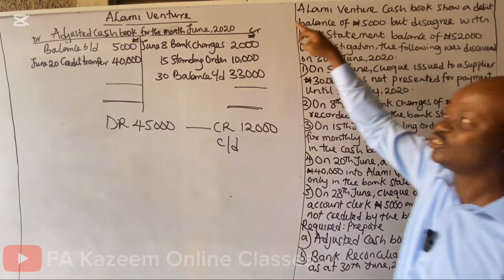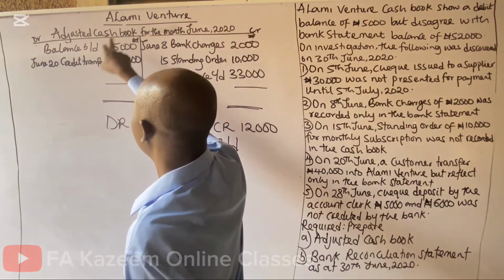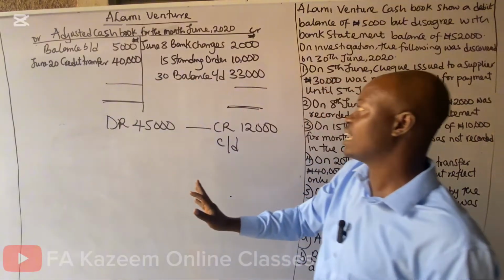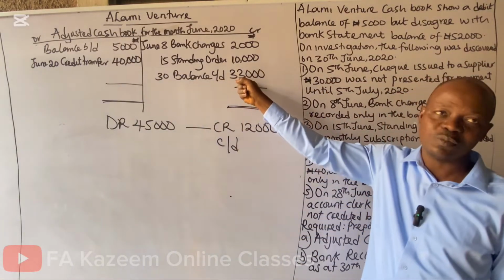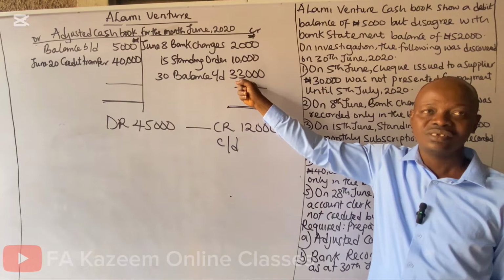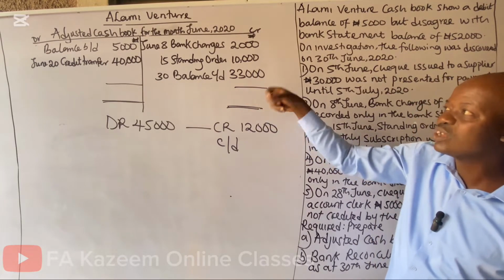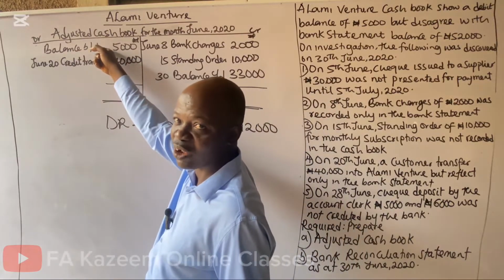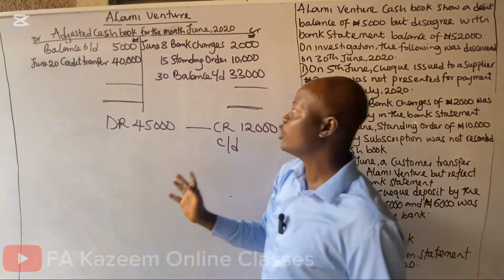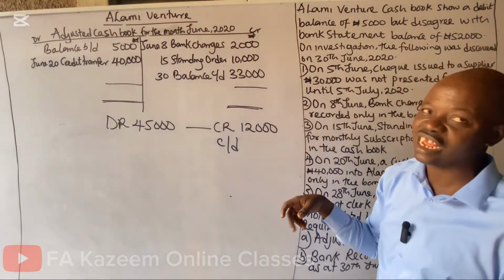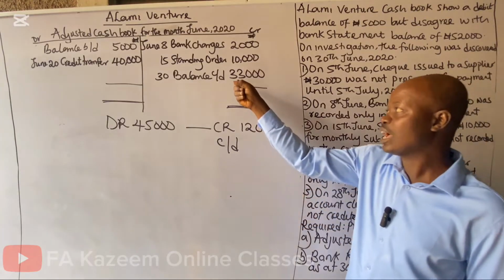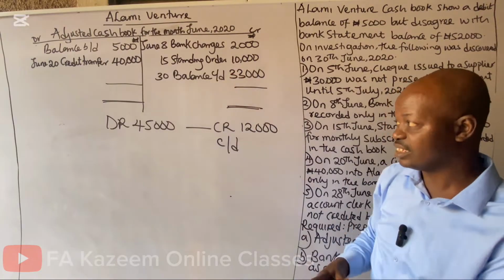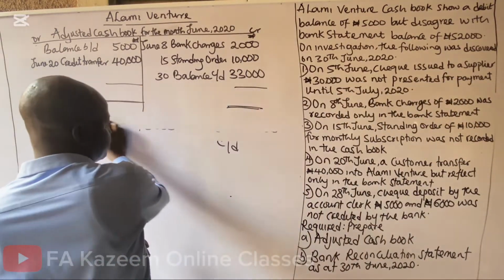But after adjusting the cash book by recording all the items that have been omitted by the customer, we discover that the original balance is supposed to be 33,000. But before we discovered this omission, the balance was 5,000. But after all the omissions have been recorded back to the adjusted cash book, we now have the correct cash book balance, which is 33,000.